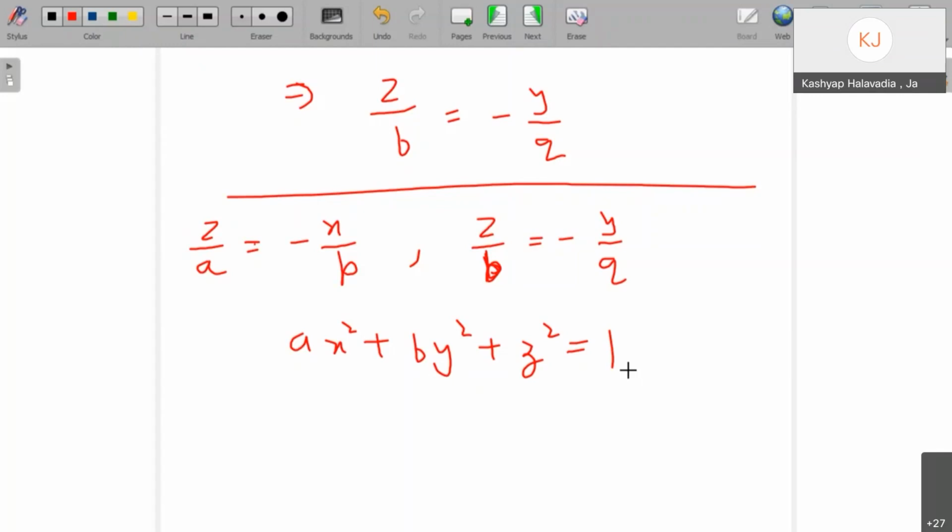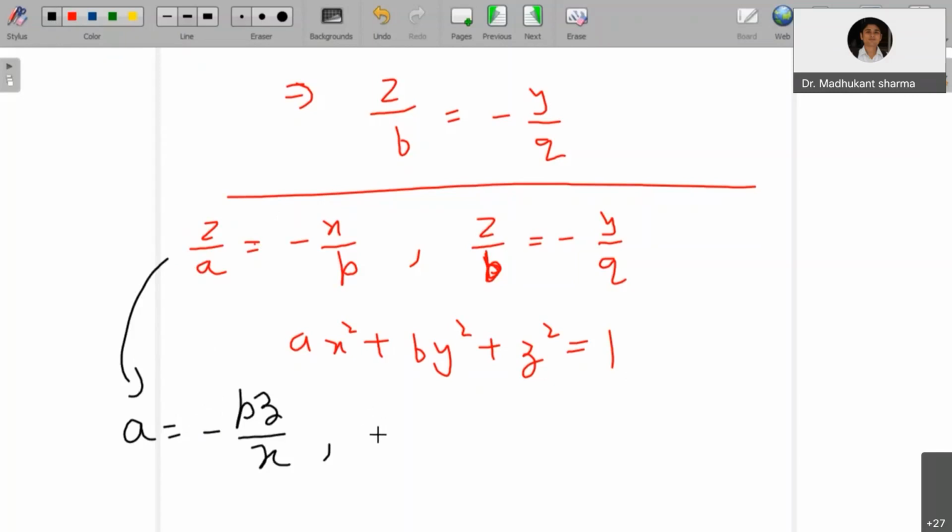So it's a very simple process here. From the first equation, you can have a is equal to minus pz by x, and b is equal to minus qz by y. Now you substitute these two in this equation. You have eliminated.